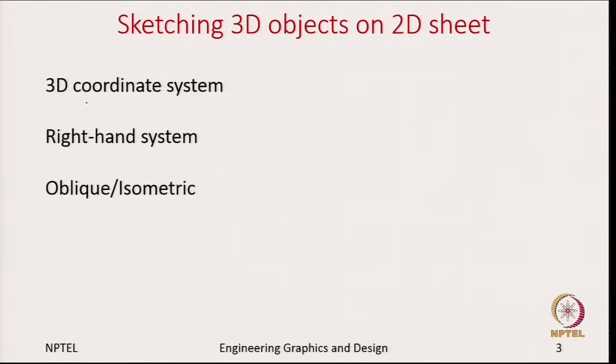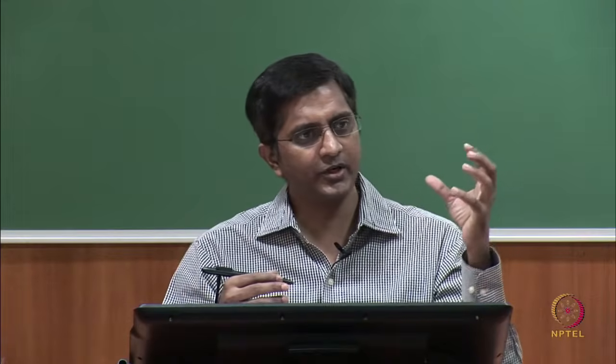So, the first thing we need to understand is how do we show 3D objects on a 2D sheet of paper. Anything we see in the real world is a 3D object. How to capture the 3D object on paper is the challenge. For that, I think most of us already know what a 3D coordinate system is.